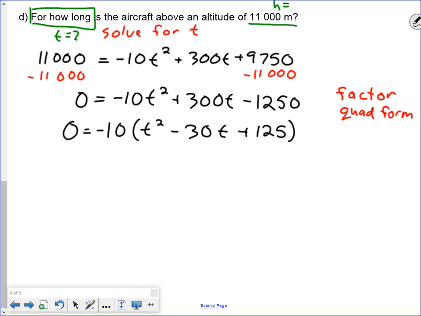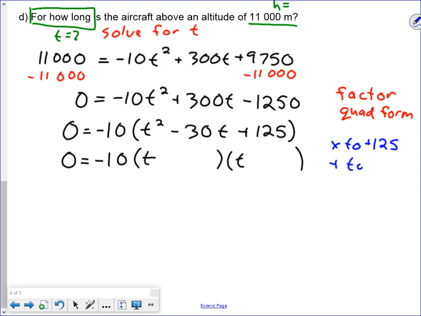Now I can factor this trinomial that I have inside the brackets here. This is a simple trinomial. I know it's going to be a t here and a t here. Breaking this down a little bit, I know I'm looking for two numbers that multiply to give me positive 125, and they add to give me negative 30. Those two numbers are 5 and 25, and both of them have to be negative.